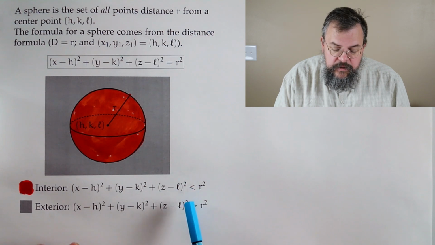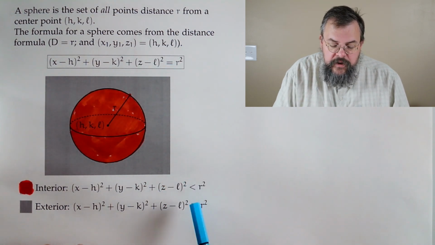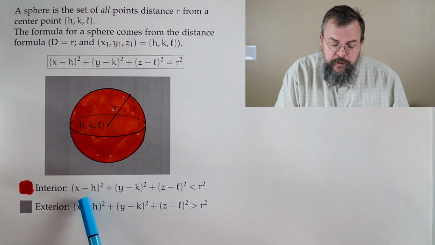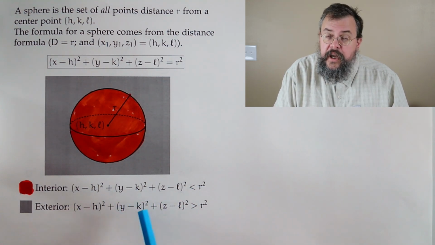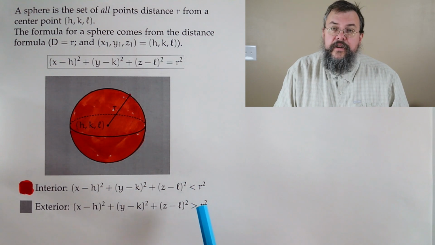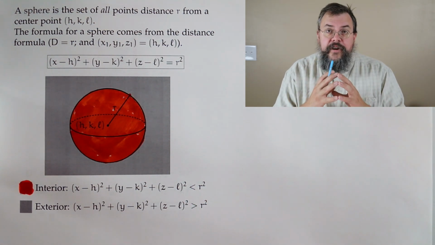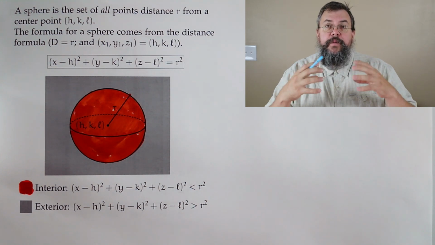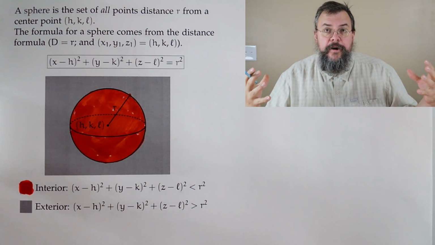So we change the equality to a less than, so that the distance from my point to the center (h, k, l) is smaller than r. That's the interior. If I want to be on the exterior, my distance should be greater than r.